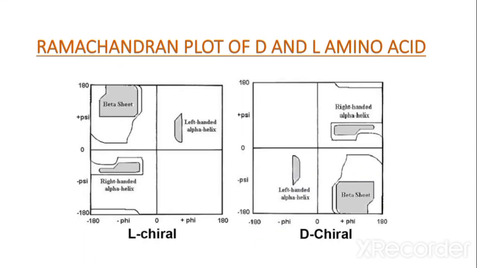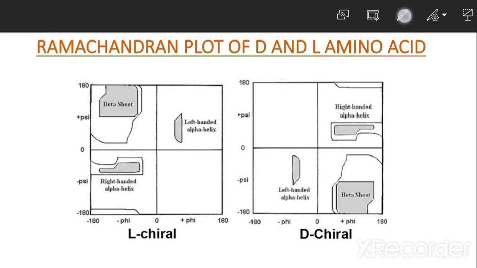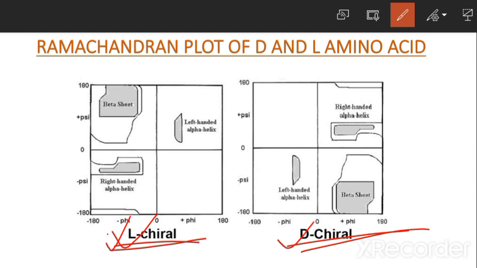Here is the Ramachandran plot of D and L amino acids. Naturally we read L chiral amino acids, but sometimes a question is also given on D chiral amino acids. Here you have to cross the axes: beta sheet comes here, left alpha comes here, and right-handed alpha comes here.